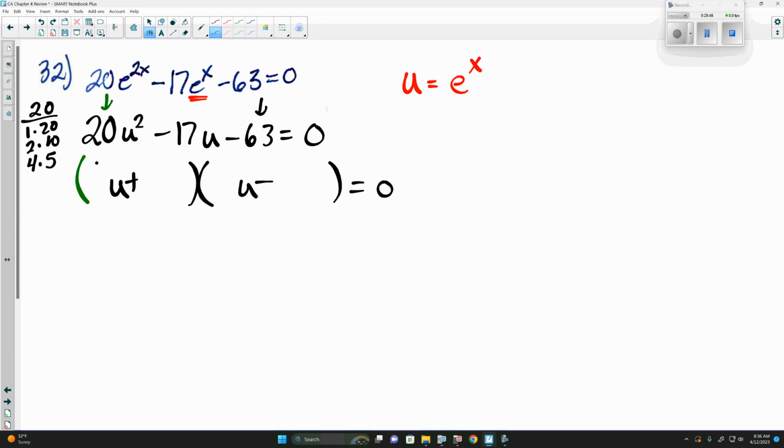Since we want the middle term to be negative, I'm going to set it up so that the bigger of the two factors of 20 will multiply with the negative, and the smaller of the two is going to multiply with the positive. 63: we have 1 and 63. 2 doesn't work, but we have 3 and 21. 4 doesn't work, 5 doesn't work, 6 doesn't work, but 7 and 9 do.